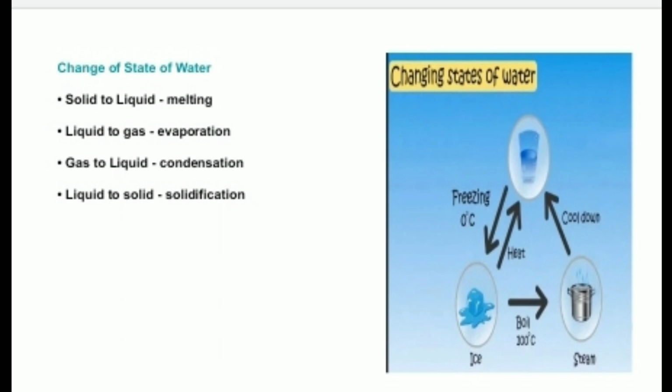The fourth and the last one is liquid to solid. The process of changing a liquid into a solid on cooling is called solidification. Water, liquid, solidifies into ice, solid, on cooling.